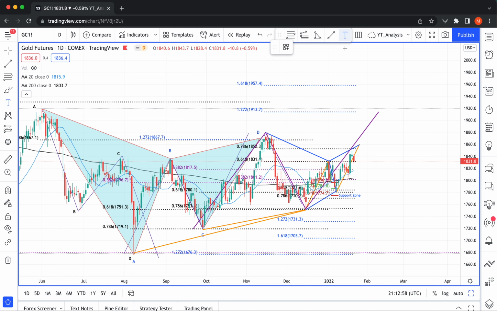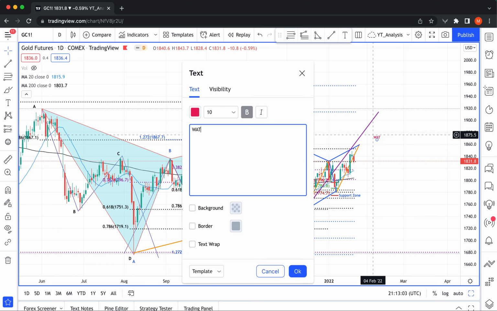So what we'll do is we'll write here that we're watching 1852 possible resistance, on 2 consecutive days. If price breaks above 1852, expect higher prices.